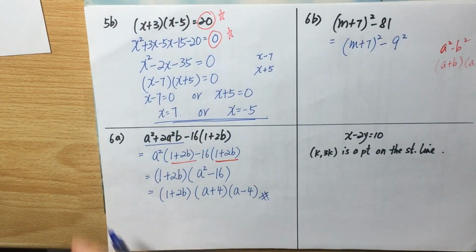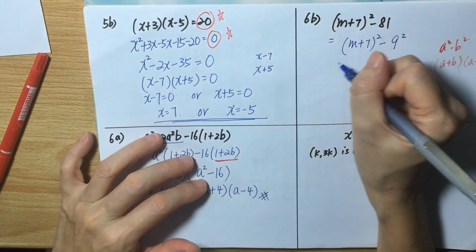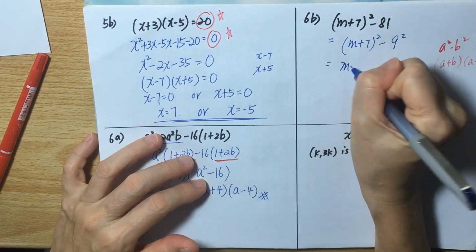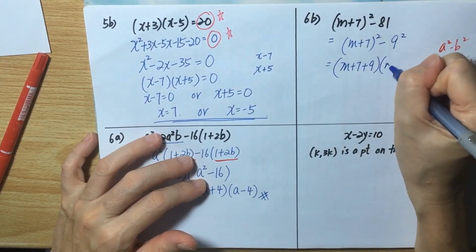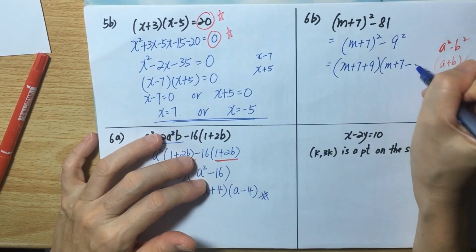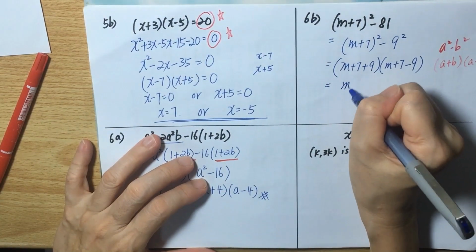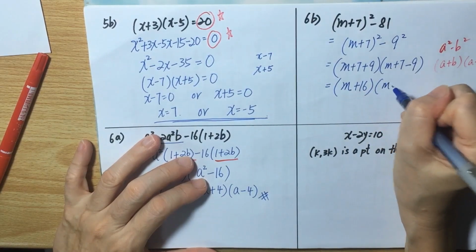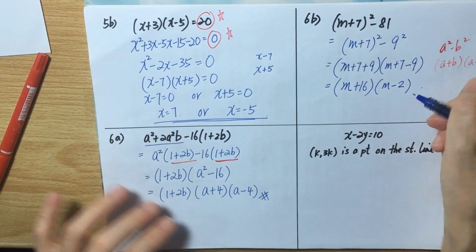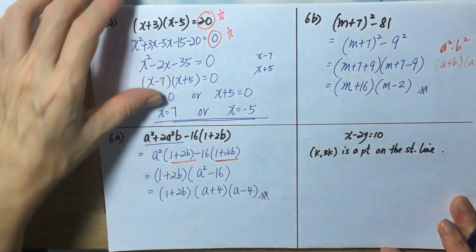So we are going to factorize it to be a plus b multiplied with a minus b. So therefore, we have m plus 16 times m minus 2. So that's all factorized already.